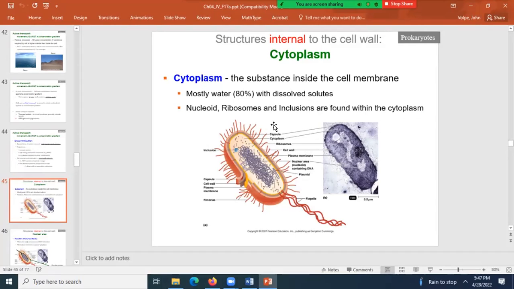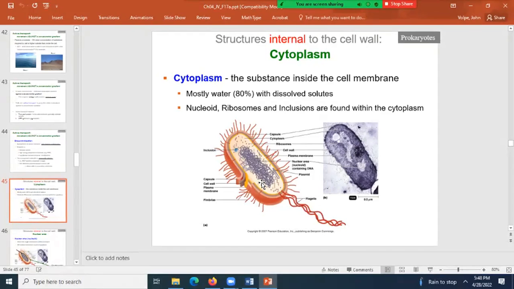Now, in a eukaryote cell, the cytoplasm is all of the inside of the cell, with the exception of the nucleus. Inside the nucleus, we don't call it cytoplasm, we call it nucleoplasm. And we'll talk a little bit about that in tomorrow's lesson.